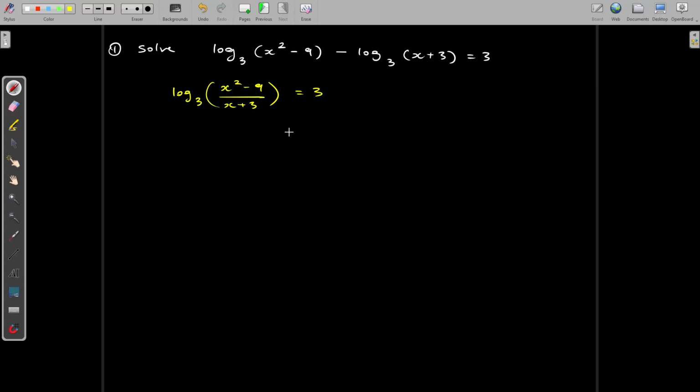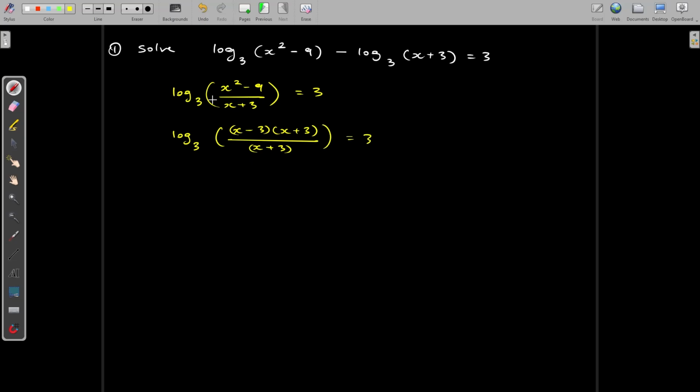Because the x squared minus 9 is the difference of squares, we're going to factor it. So that's going to be (x minus 3)(x plus 3) over the x plus 3 equals 3.